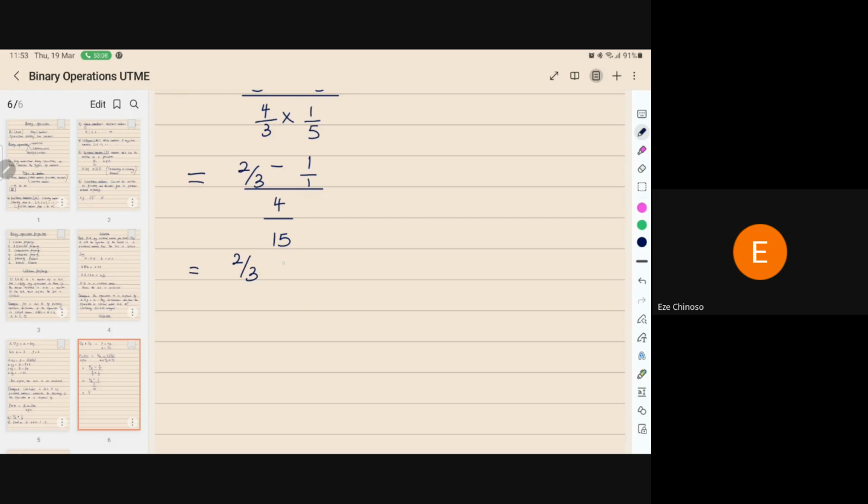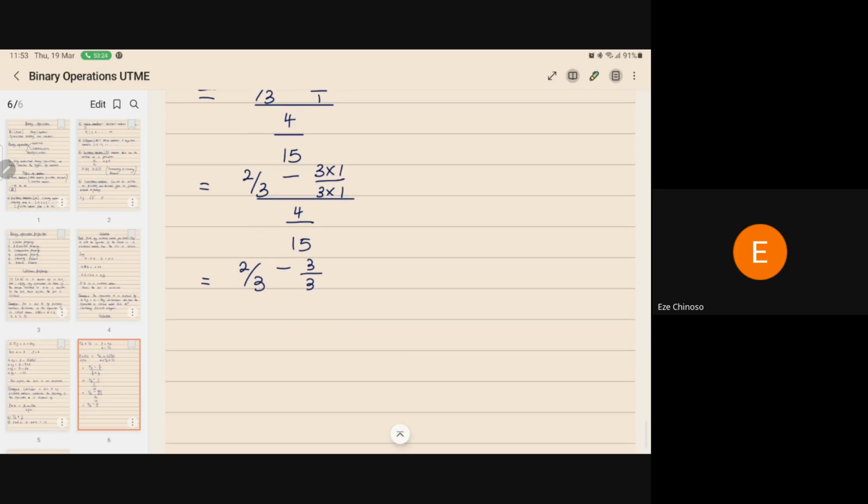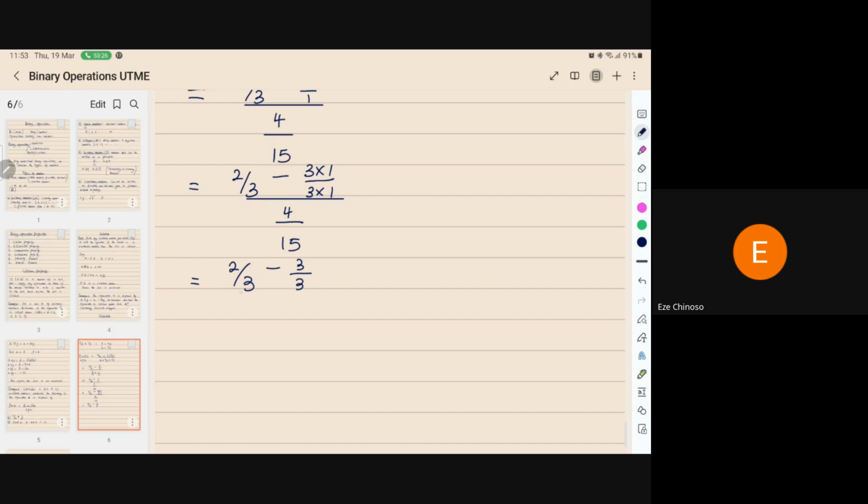Now I want to add the numerators using the equivalent fraction. This is 2/3 minus 3 times 1 all over 3 times 1, divided by 4/15. This means that I have 2/3 minus 3/3, which can now be simplified, because you cannot subtract or add fractions if they don't have the same denominator, which I've achieved already.